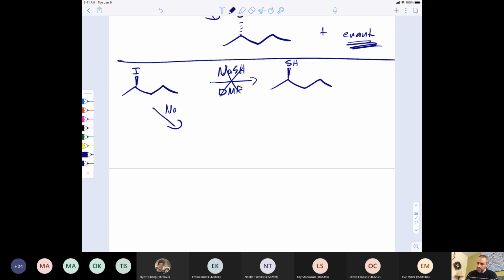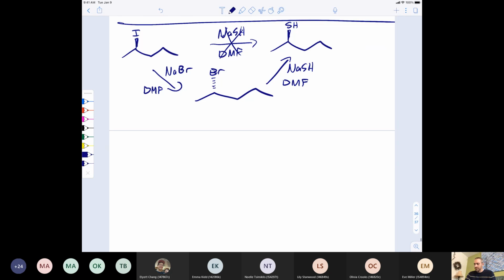What if we used NaBr first, did an SN2 and inverted it, then we do something like that. That'd be smart, wouldn't it? Yeah, there's ways of doing reactions like this.